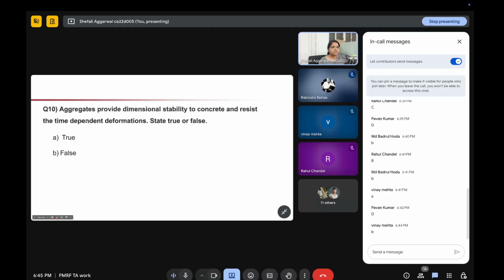Next question is, aggregates provide dimensional stability to concrete and resist time dependent deformation. True or false? True. Correct. That is a direct statement taken from the slide. When we are using aggregates, they will provide more dimensional stability to your concrete structure.